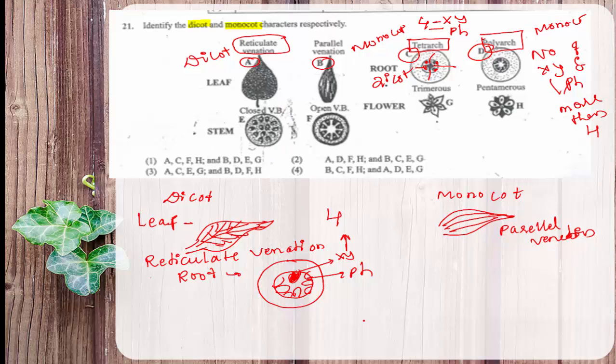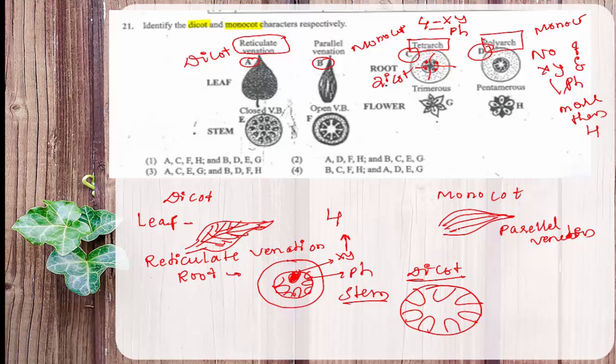Then vascular bundles of the stem. So have a look on the stem condition. In the dicot, the vascular bundles are arranged in one ring. What is a vascular bundle? It is the bundle of xylem and phloem.